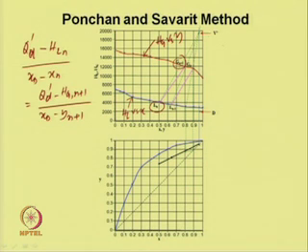Suppose this is the composition, V dash is Q_d and x_d composition, and then the point over here is G_(n+1) and y_(n+1).